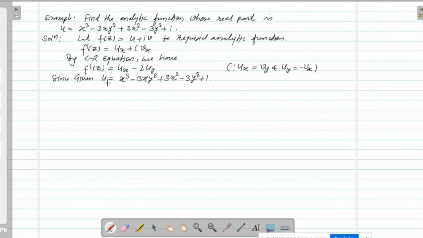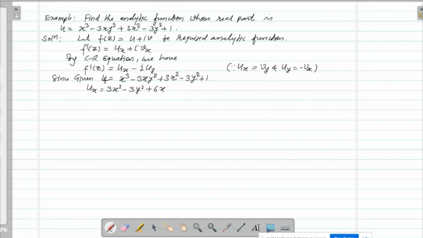Now we differentiate u partially with respect to x. So ux is equal to 3x square minus 3y square, because the derivative of x is 1, plus 6x, and the constant term becomes 0.